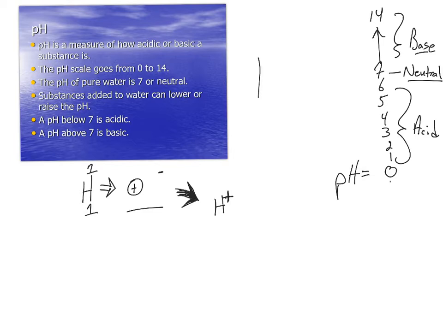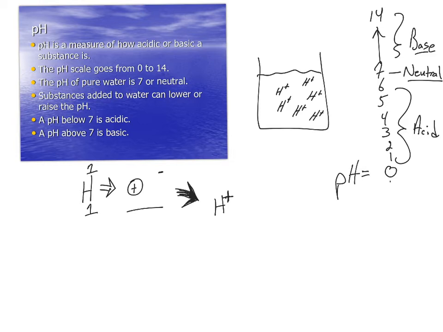If you have a beaker, again, another system, and you have some kind of liquid, you could have some solvent, and the solvent might be water. The solute will be hydrogen ions. These hydrogen ions are single protons, floating around in here. The more of these hydrogen ions you have floating around, the lower the pH. It's a reverse relationship.